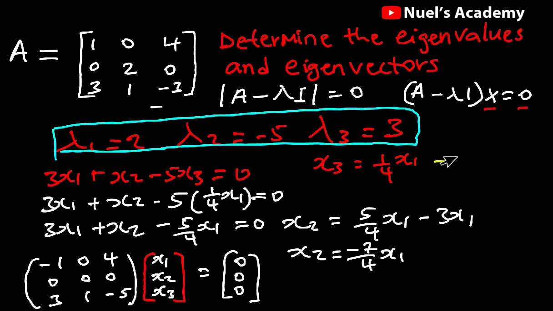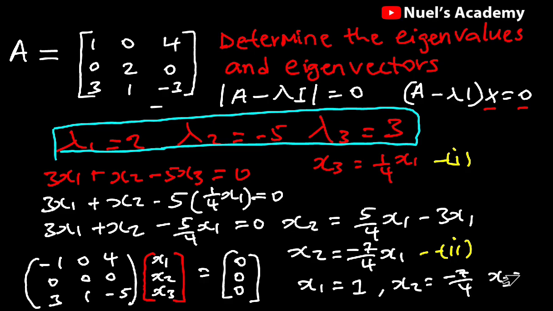So we have these two equations, I and II. Now from these two equations, let's set x1 to be equal to 1. So if x1 is equal to 1, we have that x2 is equal to minus 7 over 4, and then x3 is going to be equal to 1 over 4.